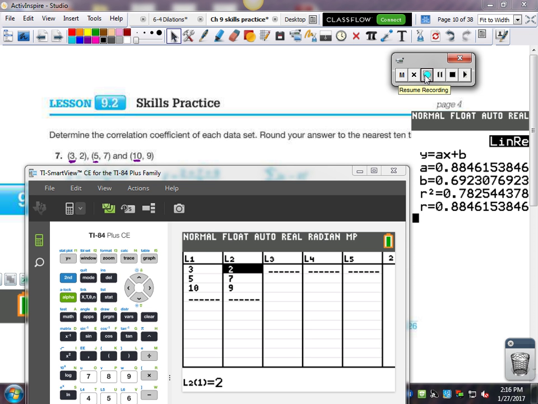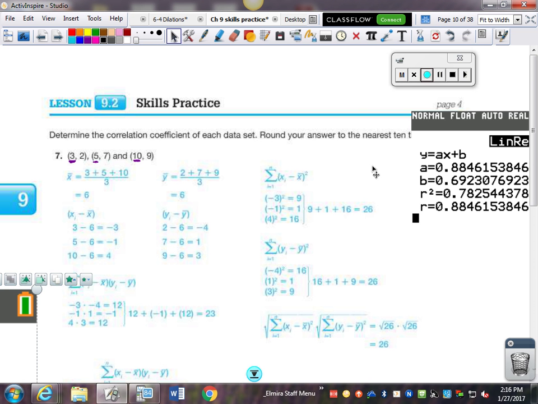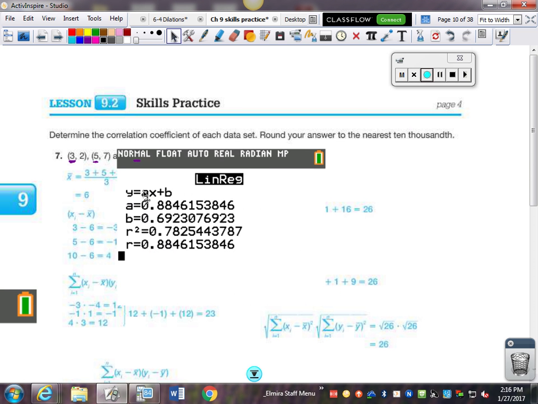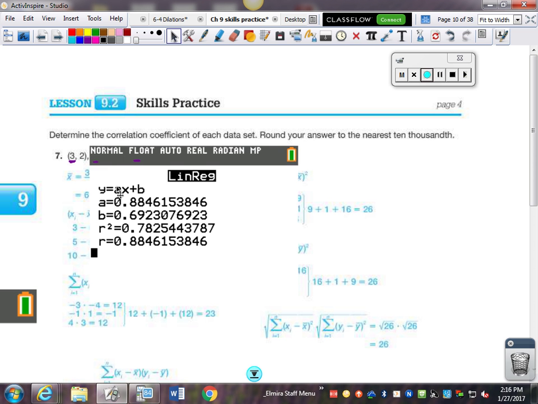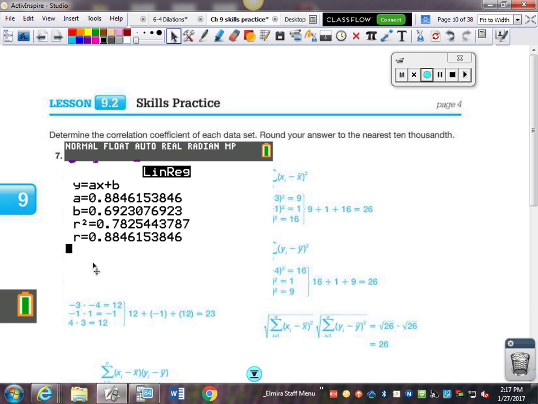We're putting these data coordinate pairs into our calculator just like we did yesterday in 9-1. So 3, 5, and 10 are all X values, and 2, 7, and 9 are all Y values. So I'm going to put those in L1 and L2. All right, then I am doing linear regression. Now in this section from 7 through 12, it's not asking you to write the linear regression equation.